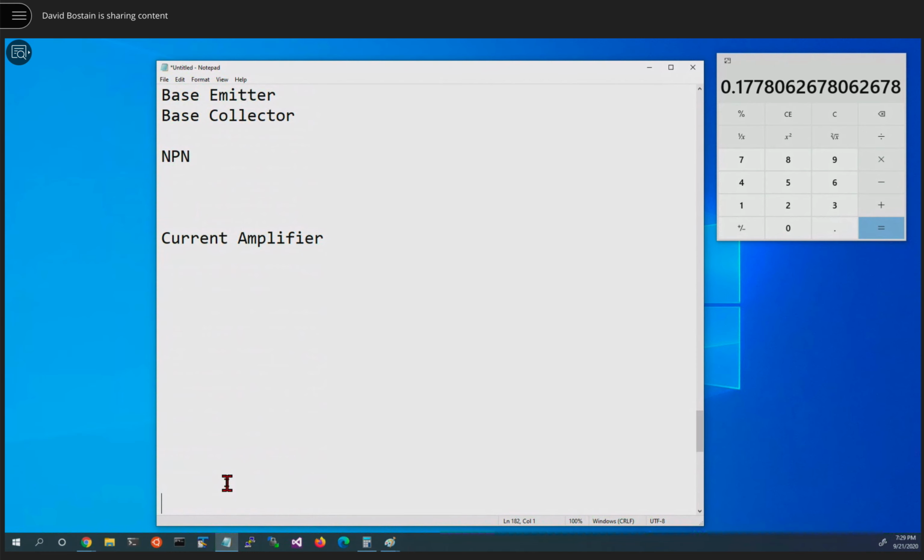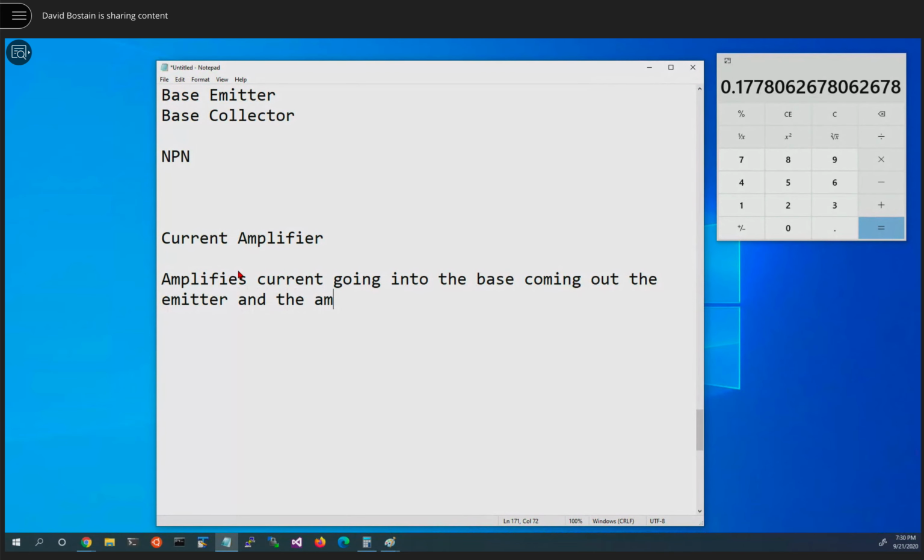Now, the current it specifically amplifies, it amplifies the current going into the base, coming out the emitter, and the amplified current is seen going into the collector and out the emitter.